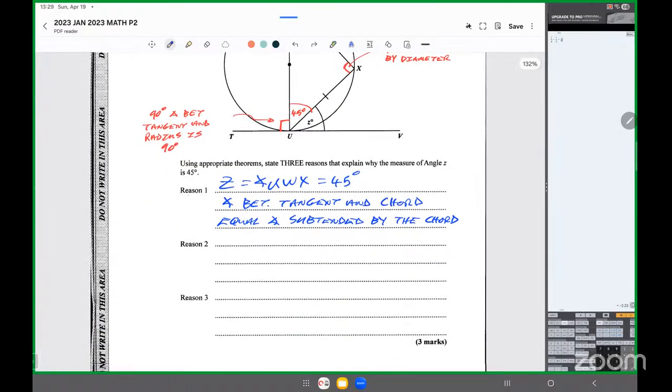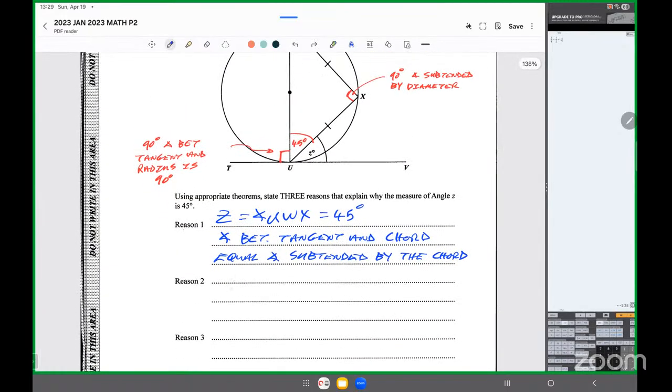So angle Z, in a different color for this answer, becomes 90 degrees minus 45 degrees, which is 45 degrees, because the angle between tangent and the radius, that's this tangent and this radius, is 90 degrees.